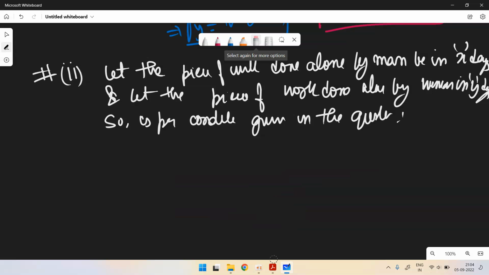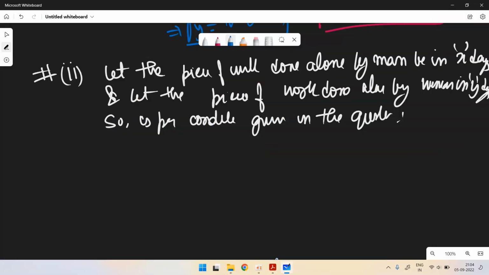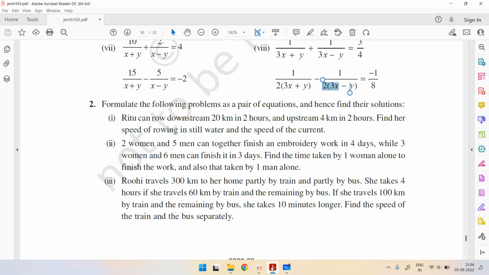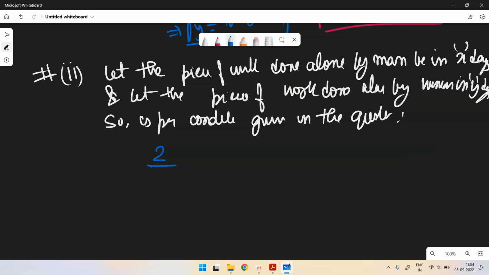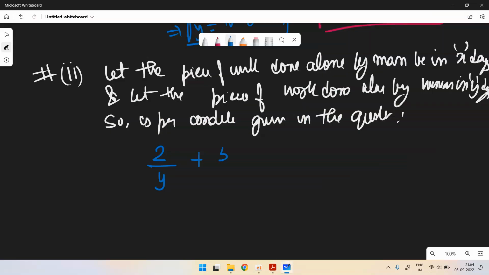So what is the question? It says 2 women and 5 men. So for 2 women it is 2 by y, and for 5 men it is 5 by x.